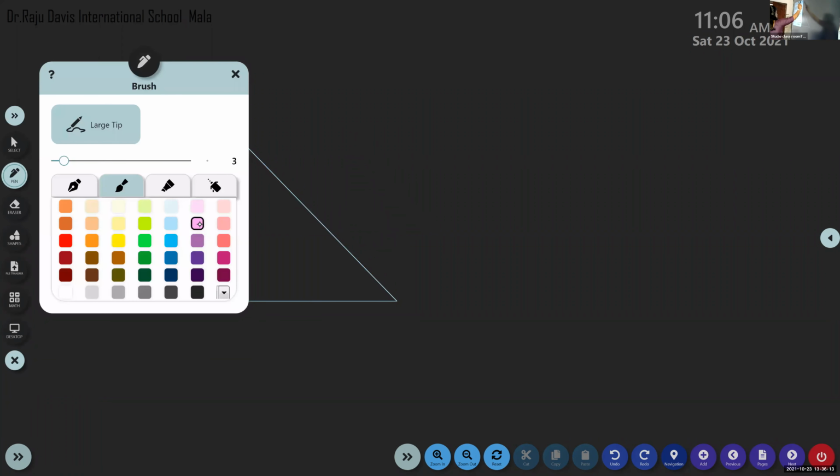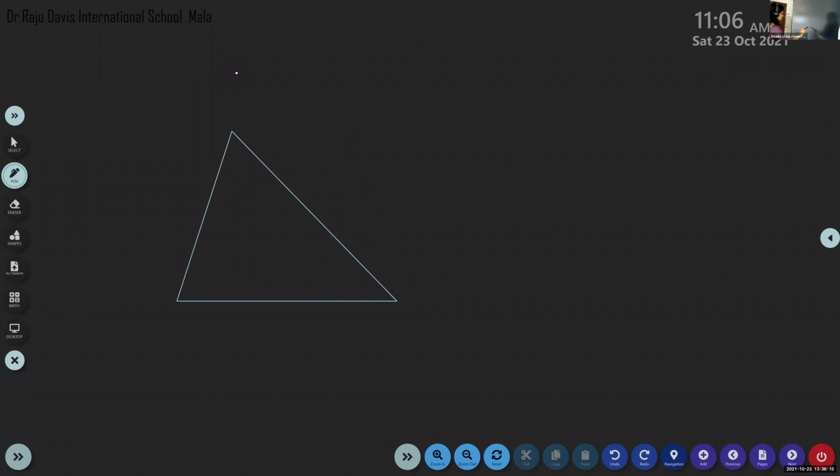You can just extend this side. Now we will extend the other side, properly with a scale. I'm extending this side and I get an exterior angle here, children, and we will call it X.